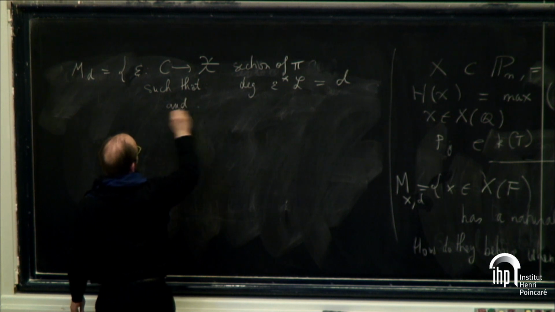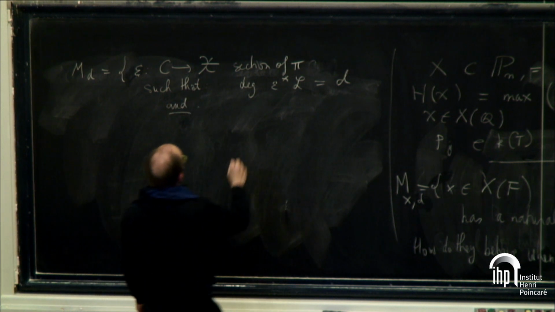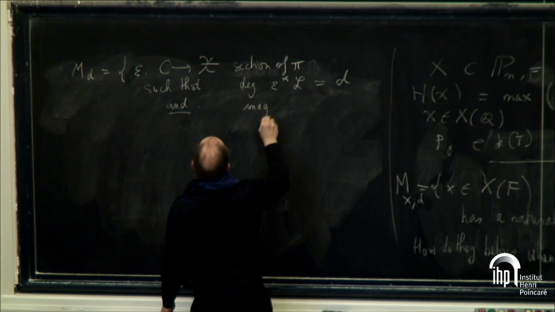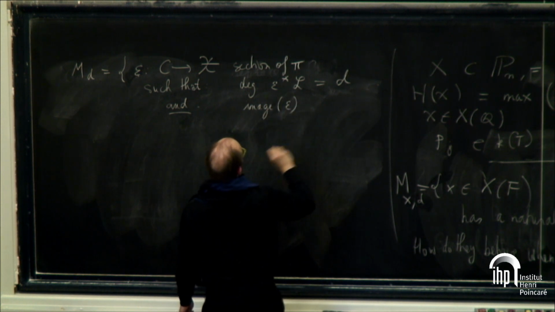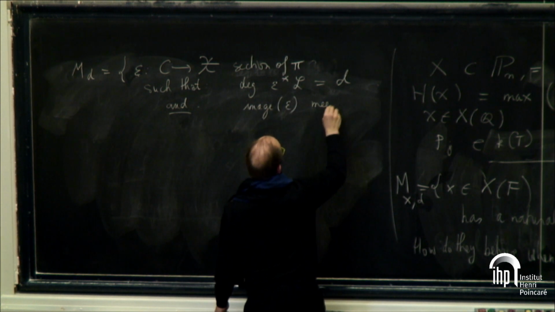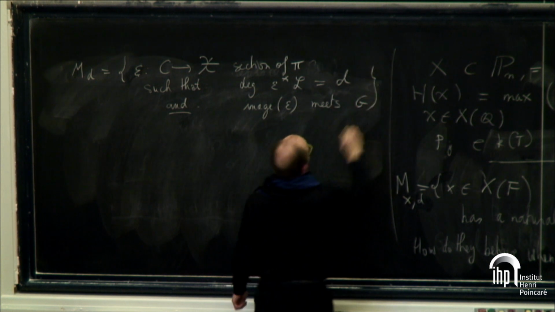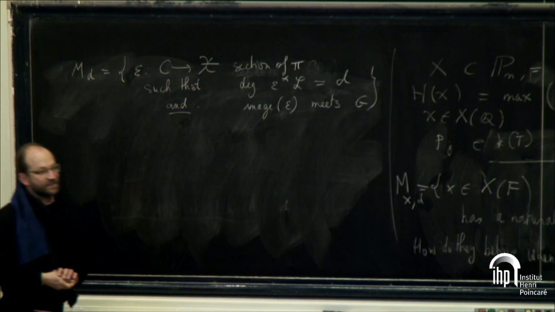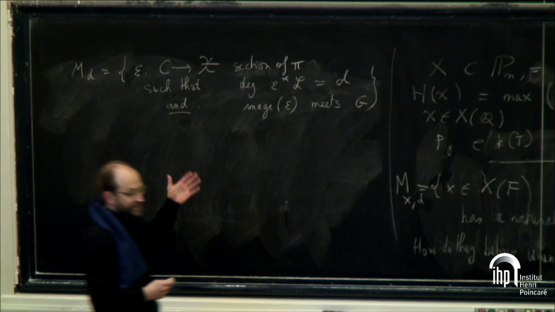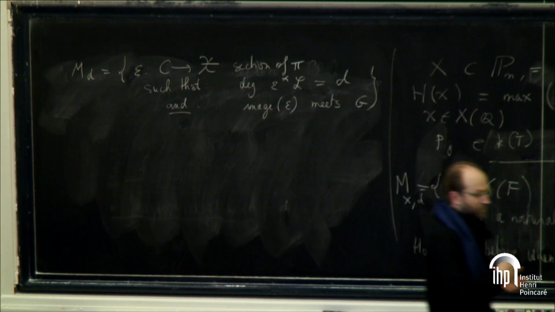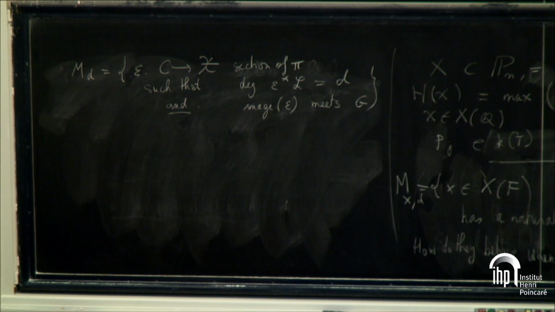And one more condition: one assumes that the image of epsilon meets the open subset G. So in this problem, one completely removes the points which are located on the boundary divisor X minus G.